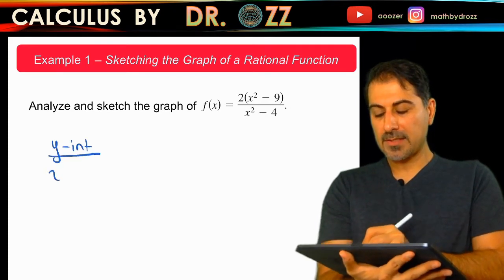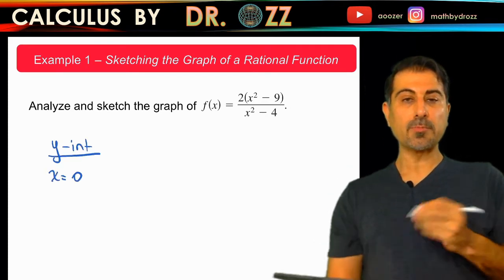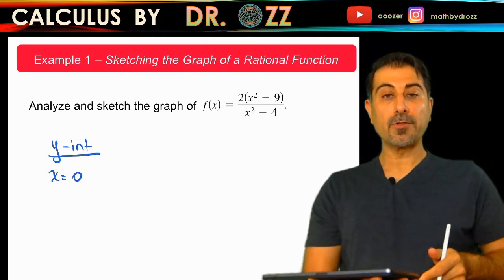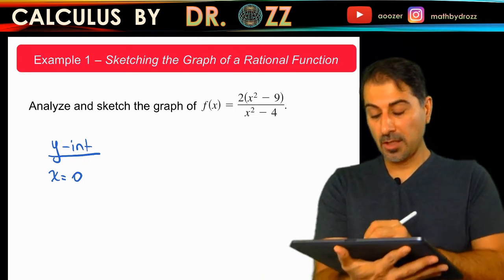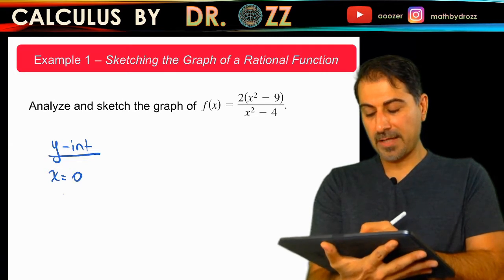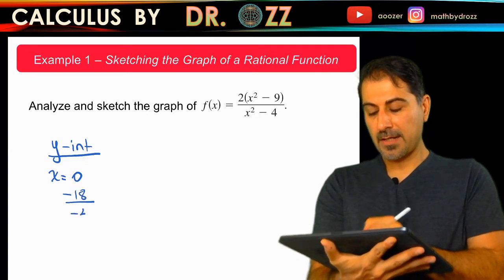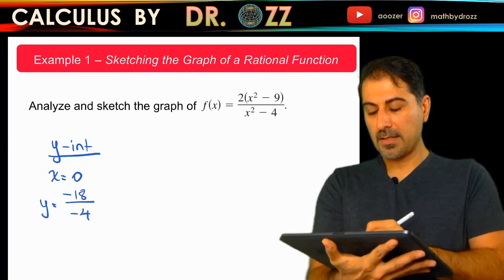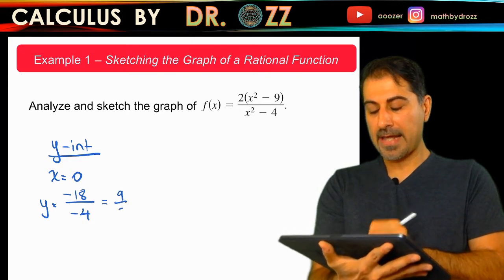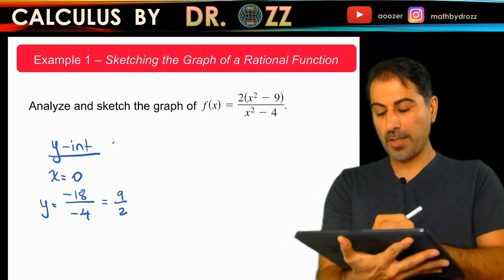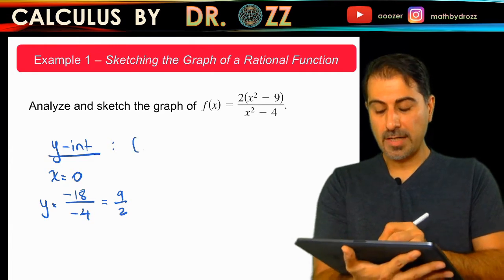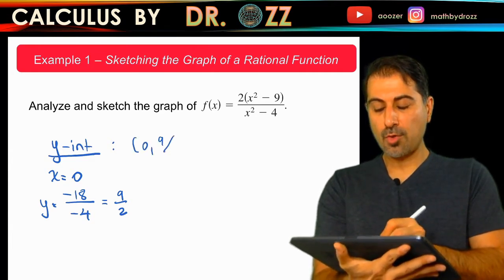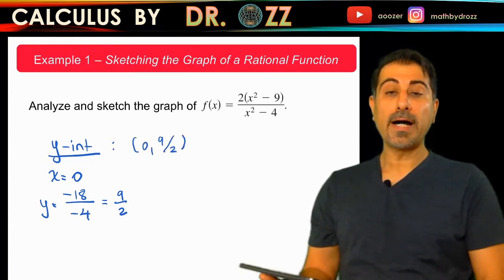This time x is going to be 0, so essentially just plug in 0 for x in the expression of the function. So you have negative 18 divided by negative 4, so y is going to be 9/2. For that reason, in point notation, you have (0, 9/2) for the only y-intercept.